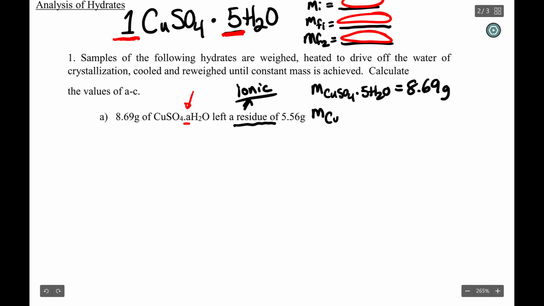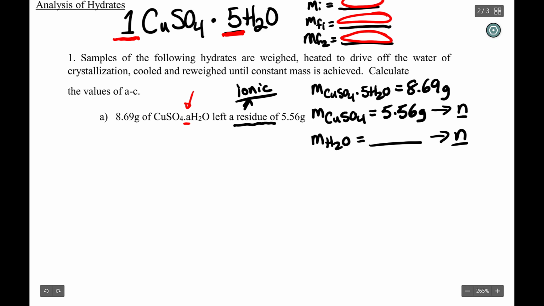So we know the mass of copper 2 sulfate is equal to 5.56 grams. What we need to know first now is, what is the mass of water? Because if we know the mass of water and we know the mass of copper 2 sulfate, we can turn these into moles. And then we have a mole-to-mole ratio, which would represent the coefficients in these compounds.